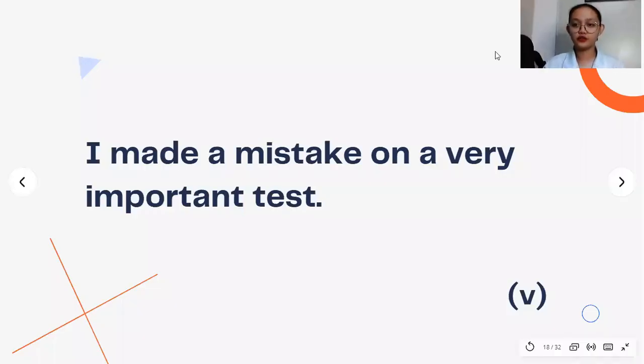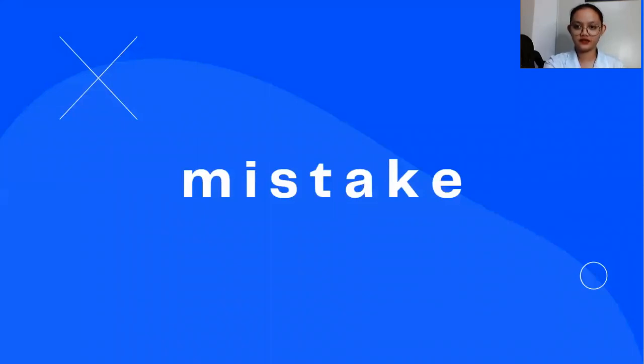Okay, now that we've discussed the meaning of mistake and how we can use it in a sentence, we can now focus on our sight word itself, which is mistake. I am going to show you three words and I want you to observe what is something in common with our sight word mistake with these three words.